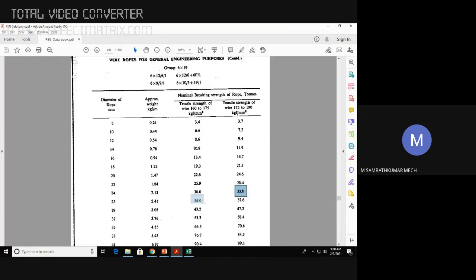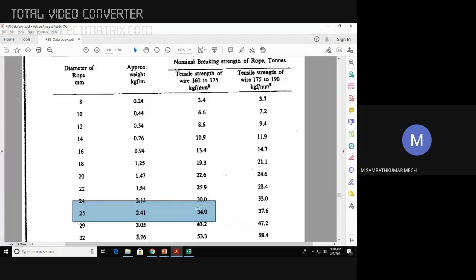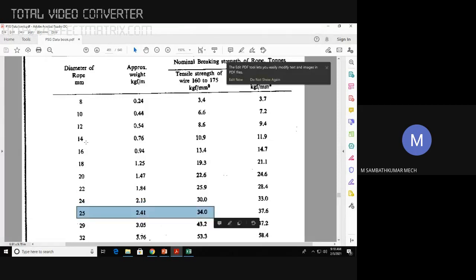Here I am choosing 34. For 34, the corresponding wire rope diameter is 25.